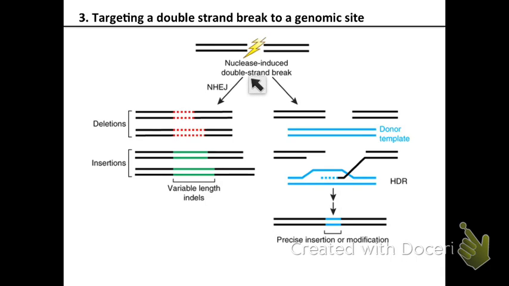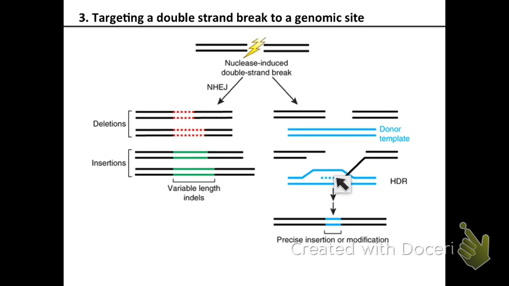You can also use the homologous recombination pathway, and in this case, instead of letting the cells find a template to choose for homologous recombination, you can provide the template, right, and force them to use this. You can provide a donor template that has exactly the same sequences at these homology arms that are surrounding the double-strand break. And when the homologous recombination machinery finds this donor template, it will copy this template and insert that into the genome.